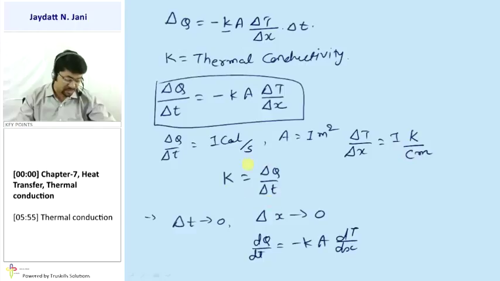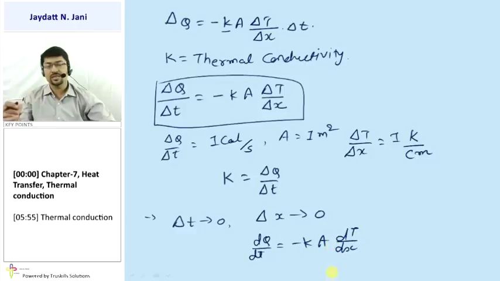As I use this simple mathematical tool, the limit as delta t tends to 0 and delta x also tends to 0, I can make delta Q by delta t as dQ by dt equals minus K A dT by dx, which means how temperature changes with respect to distance.